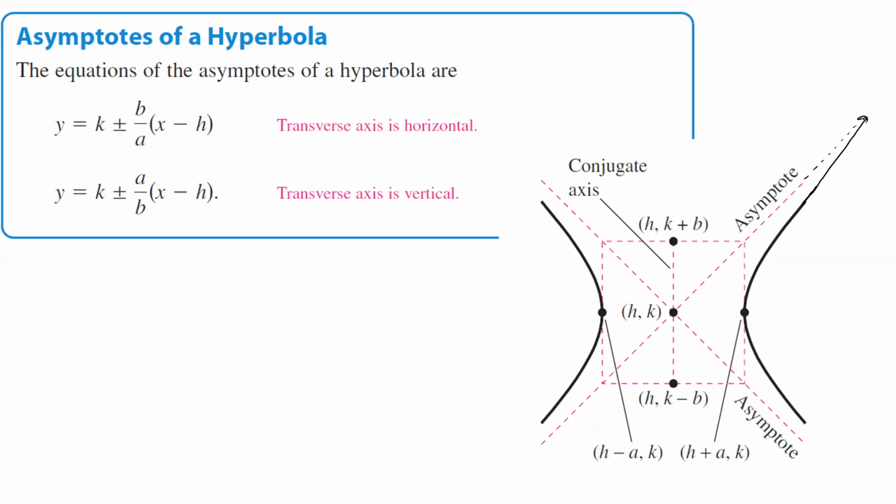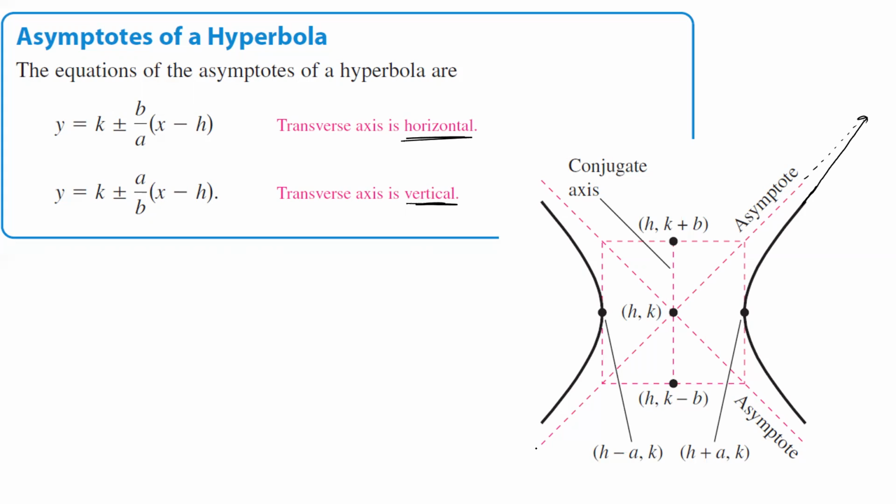Okay, so now we got to think about this here. If the hyperbola is a horizontal transverse axis hyperbola or a vertical, now notice what's the only change here. When it says plus or minus, does that mean there's going to be 2 separate equations?